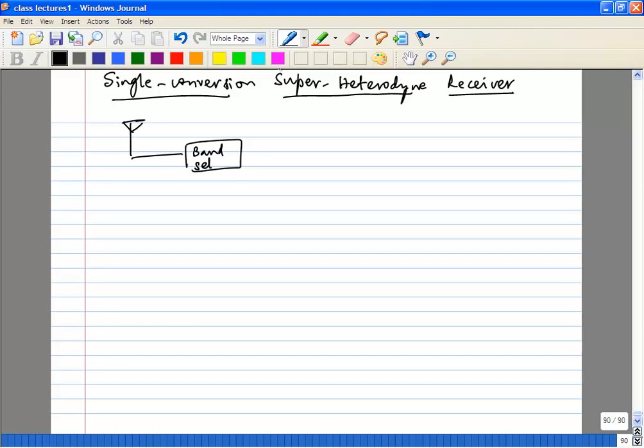So you have the band select filter. You have the LNA. And this is quite often called your LO or local oscillator. And you have some kind of control.